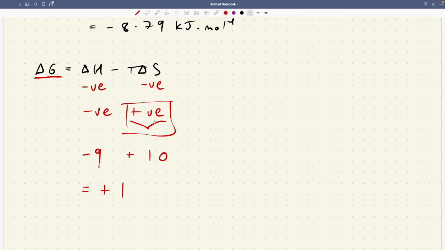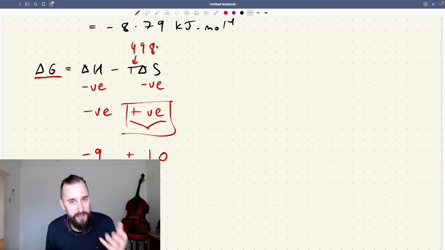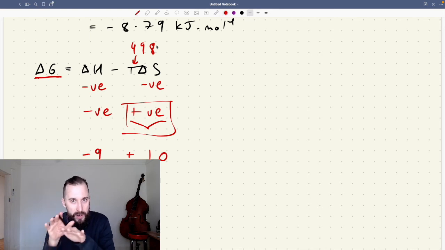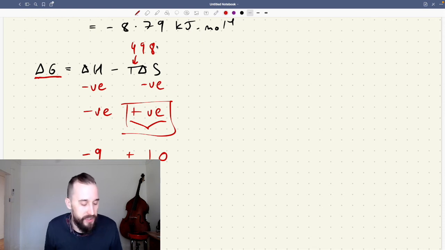Now, how are we changing the size of this positive? Well, we're changing the temperature. If we have a lower temperature, 298 compared to 498, temperature is very much something that we can change. So this reaction is going to be dependent on temperature, well, the spontaneity, I should say, more accurately.